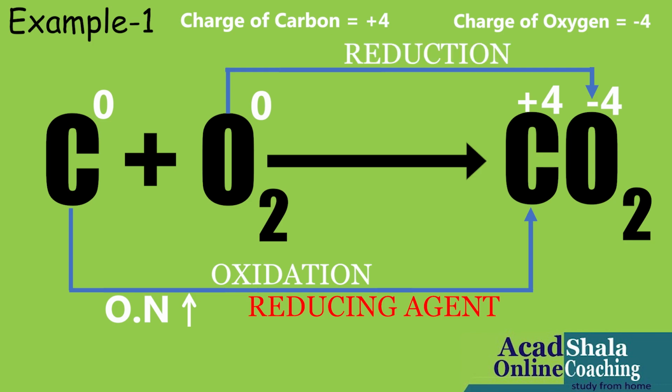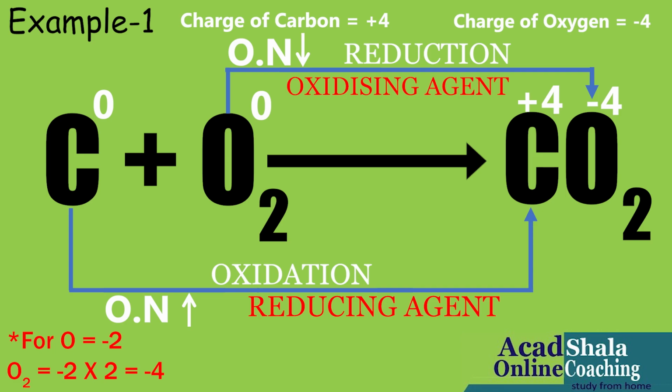Immediately I will write reduction. Written. Now I will come to the oxidation number. But to calculate the oxidation number, I have to take the help of a subject known as maths. So, 0 to -2, that means the number is reducing. So, oxidation number will decrease, with the arrow pointing downwards. And reduction is what? Oxidizing agent.